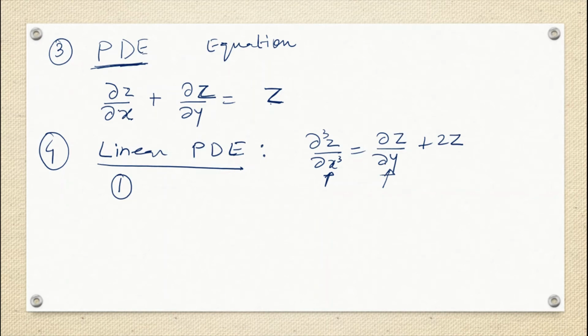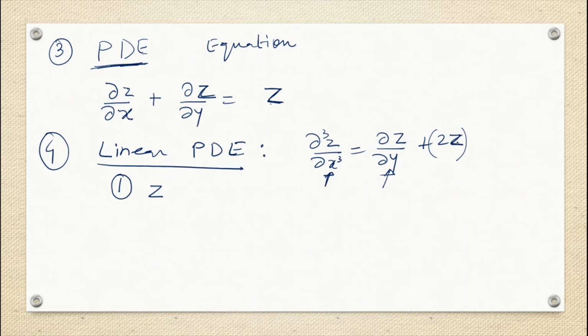These things we know. So I'm calling this equation a linear partial differential equation because in this equation this dependent variable z is having degree 1. z is the dependent variable. So if you focus on this term, it contains only the dependent function, and this z has degree 1 only.